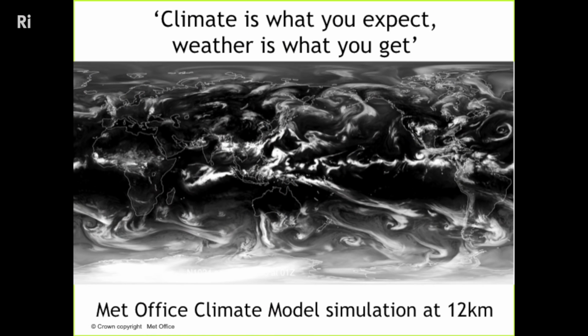But that's actually not real weather. That's not weather that we've observed. This is weather that's come out of one of our climate model simulations. So when we talk about climate models, which is really what I'm going to talk about tonight, we're talking about that. So these are models that simulate the weather, and they have to simulate the weather because it's the weather that makes the world go round, really.